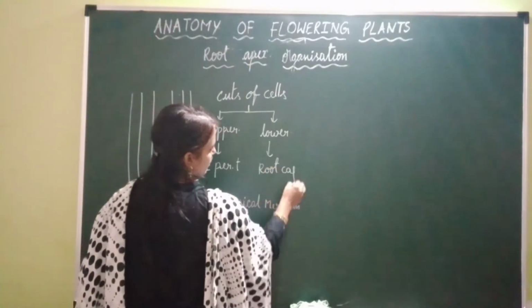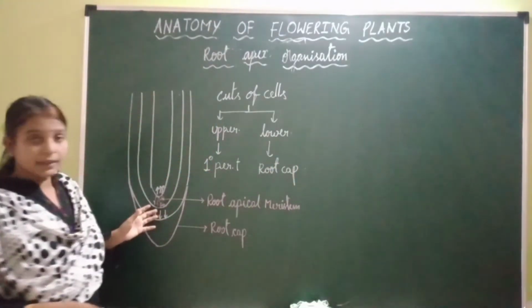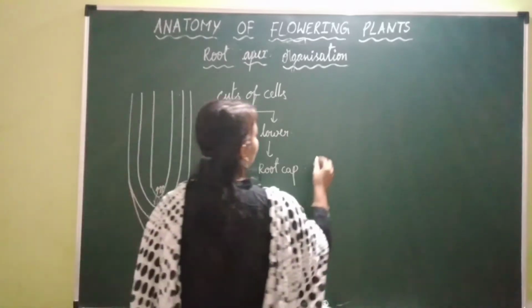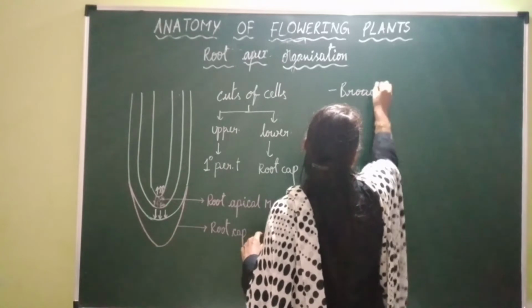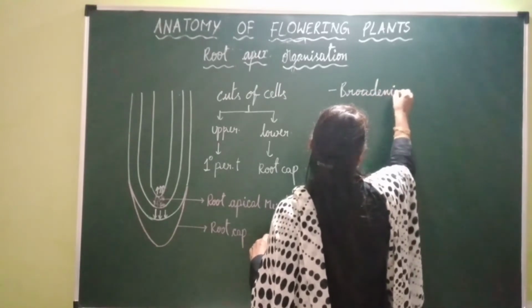And here there is no broadening and narrowing of root apical meristem. So broadening and narrowing of this root apical meristem is absent.